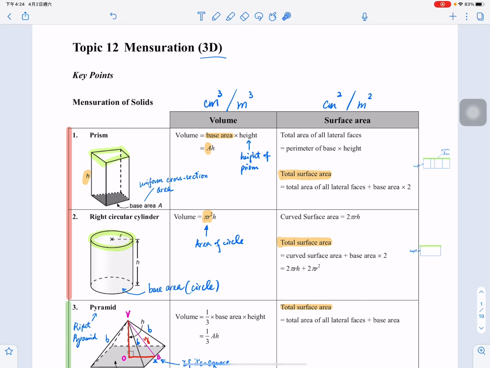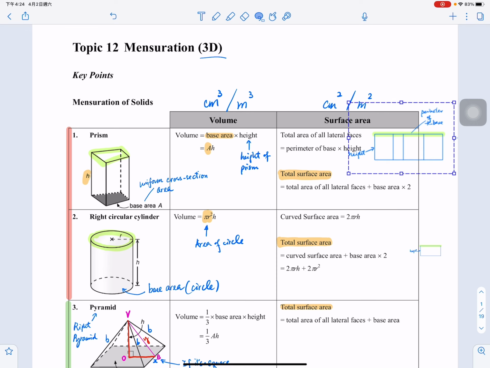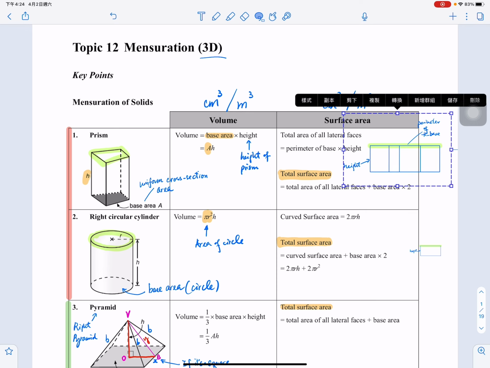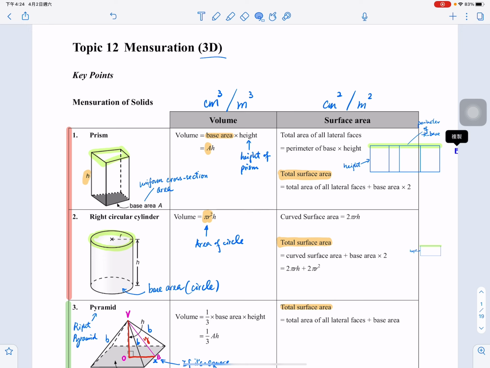Okay, and if you flatten it, then you find that this one is the lateral surface. Okay, right? And you know the height is h here, right? And how about this one? 1, 2, 3, 4, right?